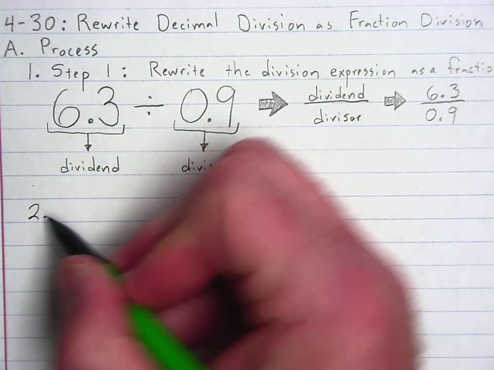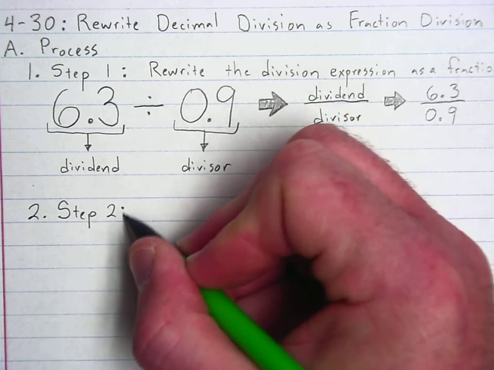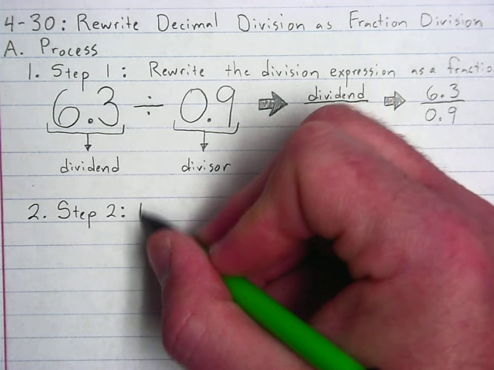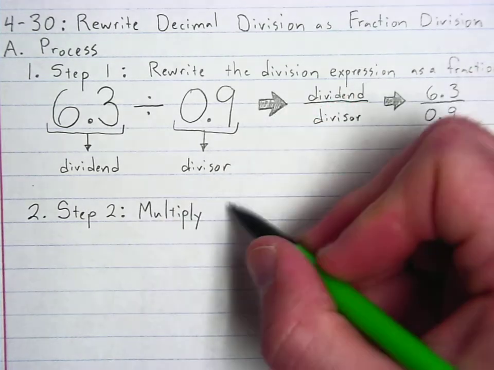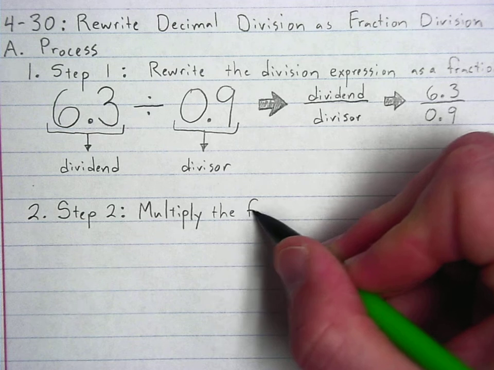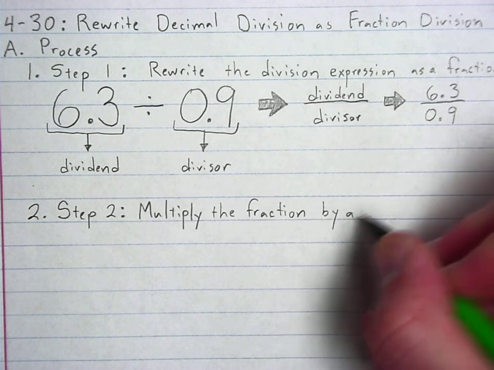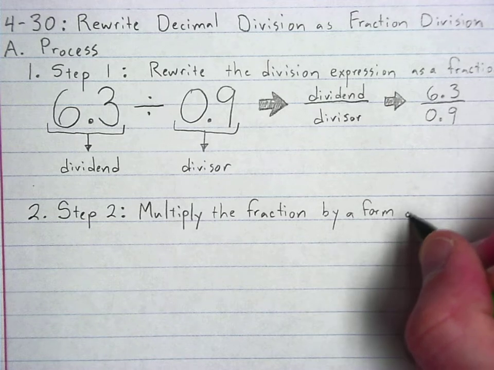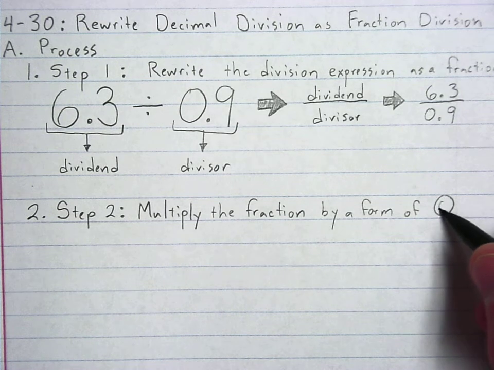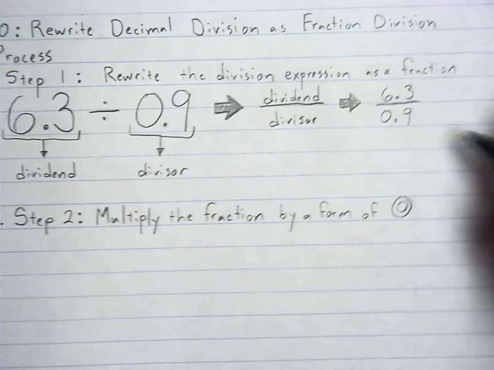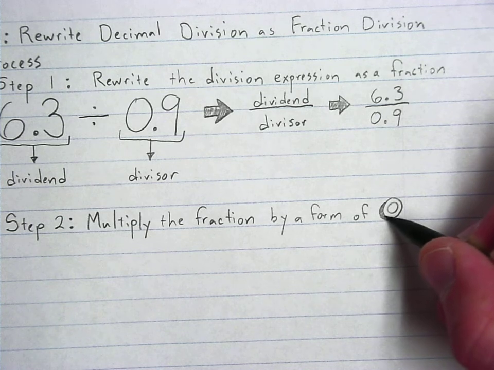Let's take a look at step 2. Step 2. We are going to multiply the fraction by a form of 1. Now, this is a very fancy way of telling you to do something that we've been doing the entire school year, as long as we've been working on fractions.